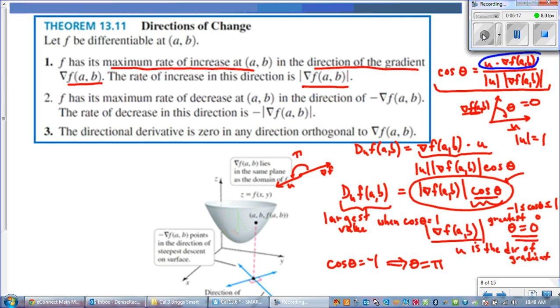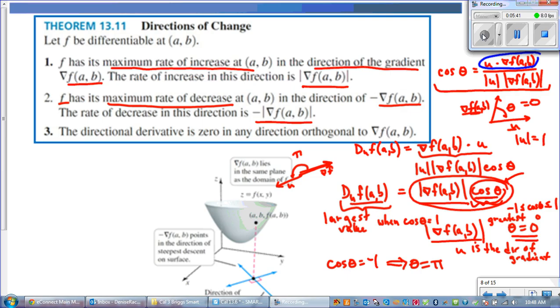So the maximum rate of decrease of f goes in the direction of negative the gradient. So it is just the negative of this gradient. And that rate of decrease will be negative the magnitude of that gradient. So if this is -1, the directional derivative will be negative of that magnitude.